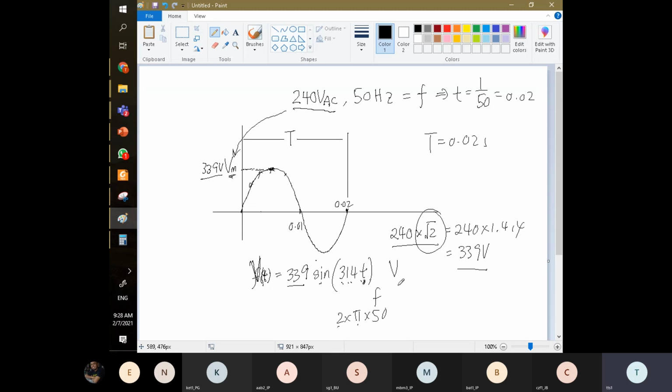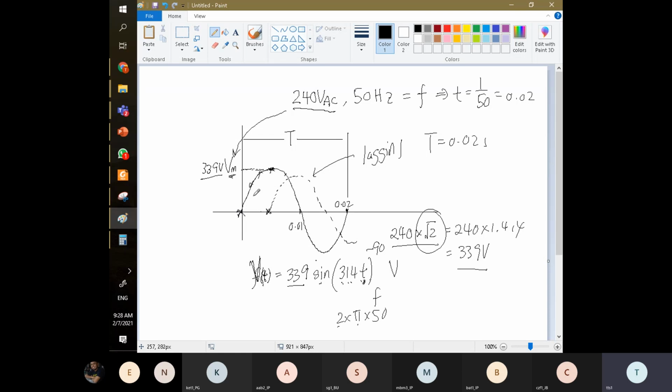Okay, if we have any, like minus 30, minus 90, that means this one will be delayed until here. This is called lagging. We call it lag, like the turbo lag, right? It should start from here, but instead it starts from here.